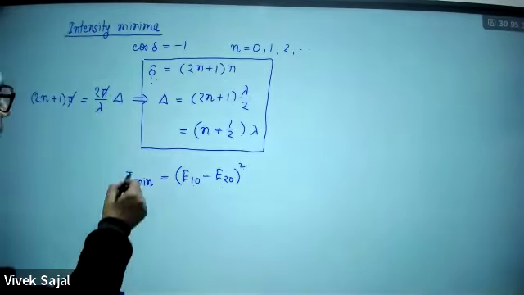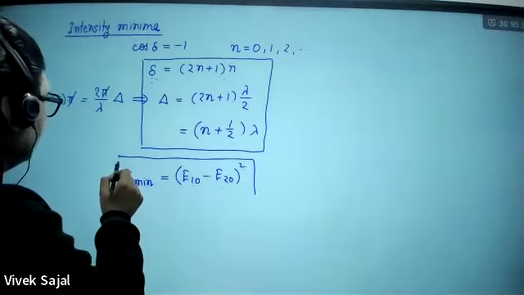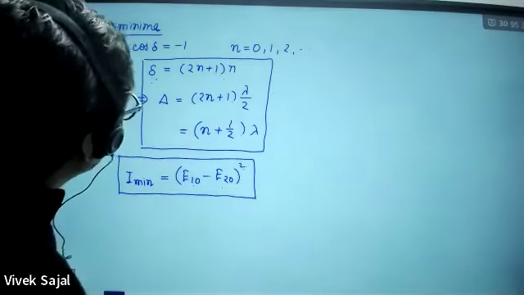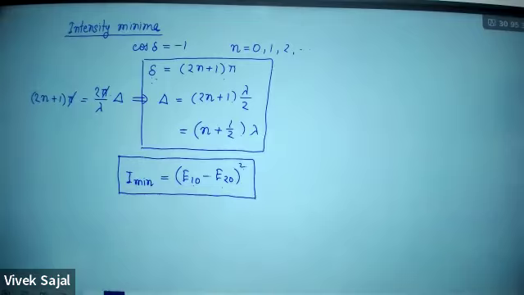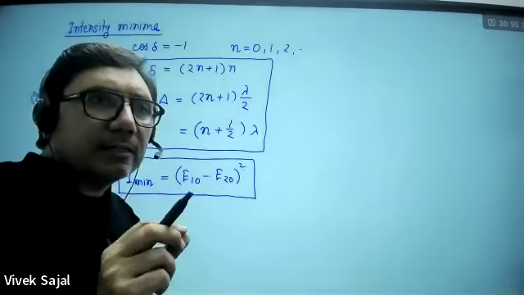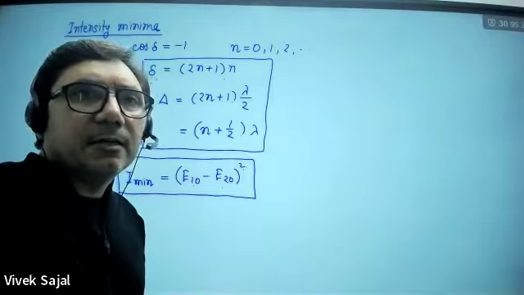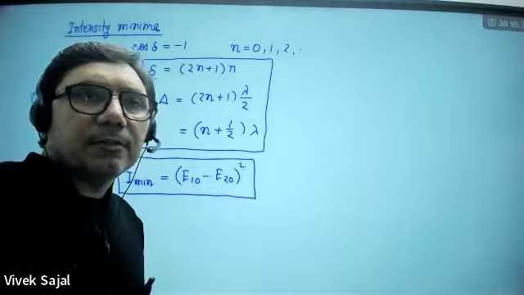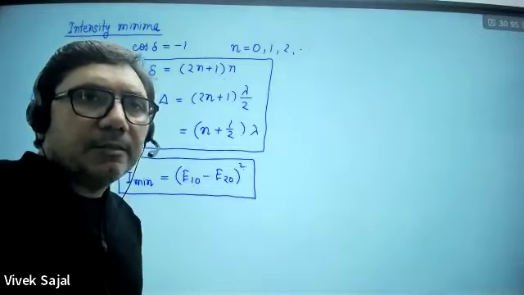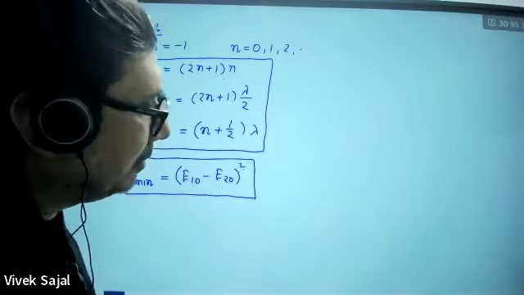So this is the formula for I minimum. So here we found the conditions of interference maxima or intensity maxima, the conditions for interference minimas, intensity minimas, what is maximum intensity and what is minimum intensity.